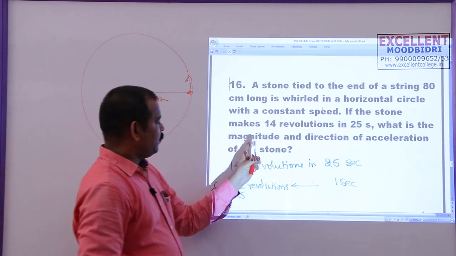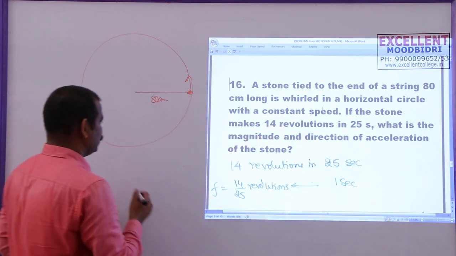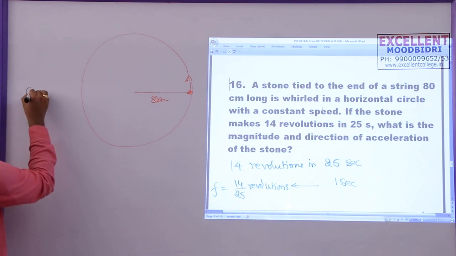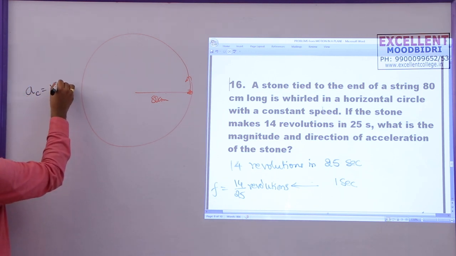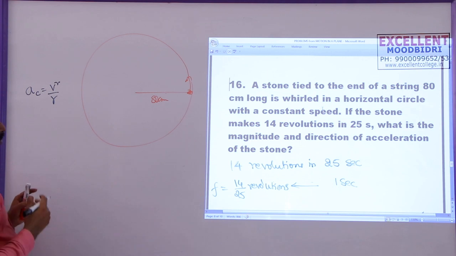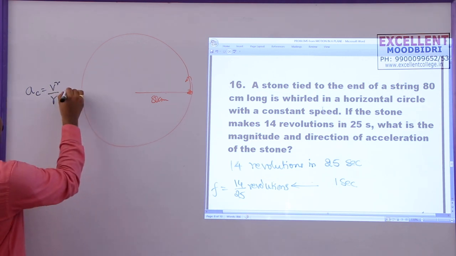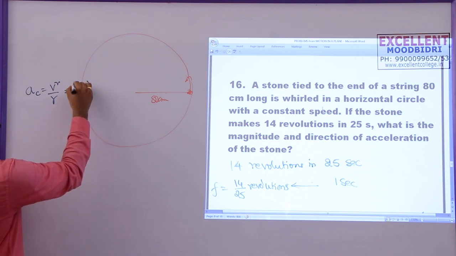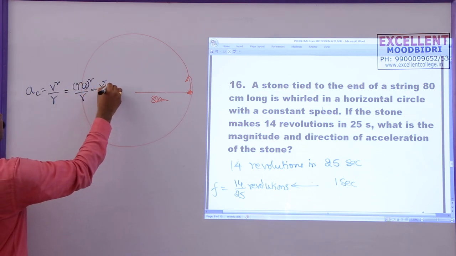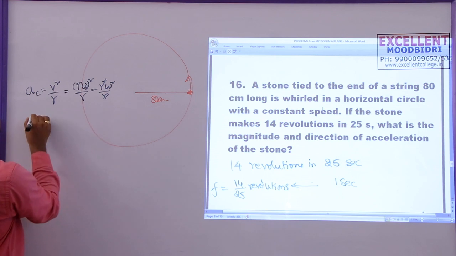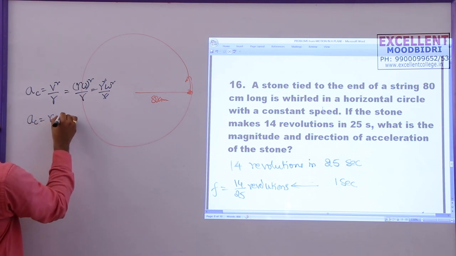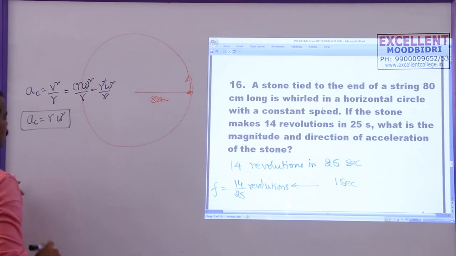So now to find out the magnitude and direction of acceleration, we have this formula. Centripetal acceleration is given by V square by R. Either we need to find out velocity, or if frequency is given, we can write V as R omega, so R omega whole square by R, that is R square omega square by R. So centripetal acceleration is R omega square. So this is the expression.